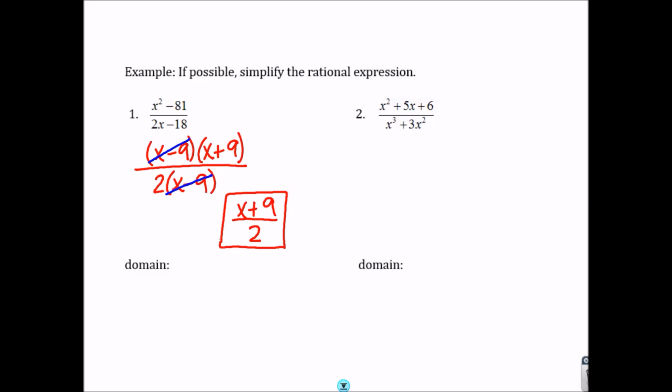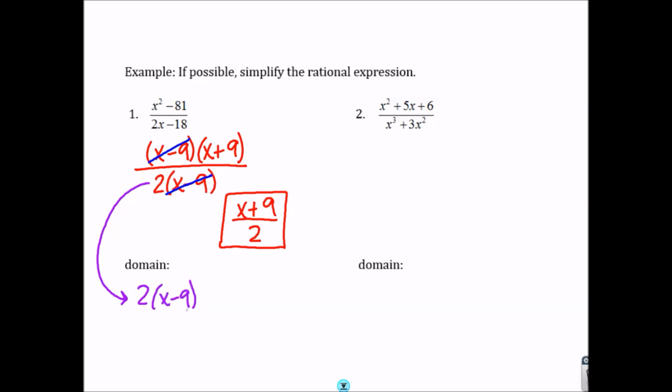When we state the domain, we need to look at the original denominator of the function before we started canceling things. So I'm going to use 2 times x minus 9.